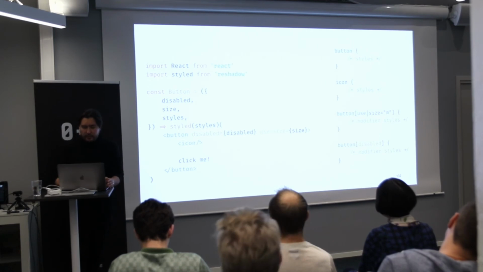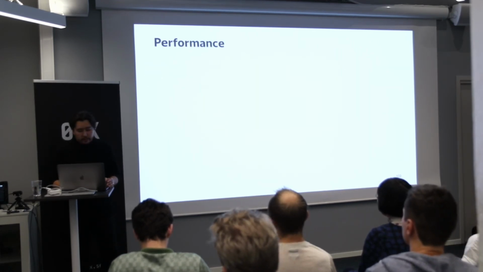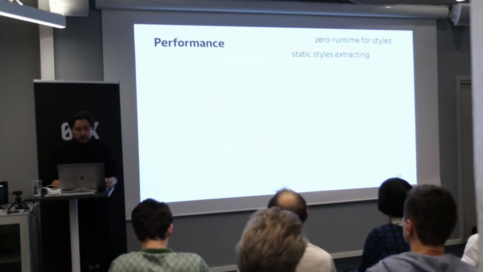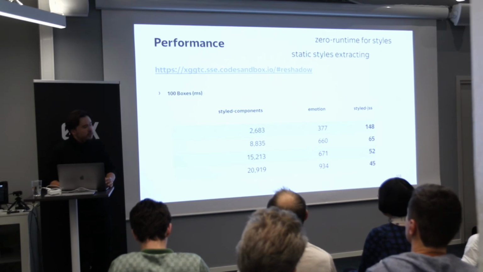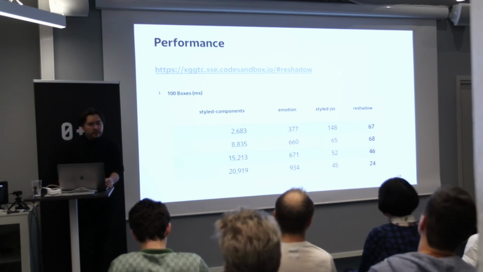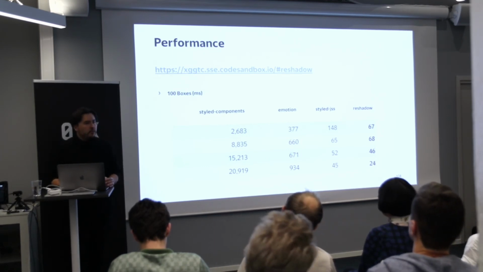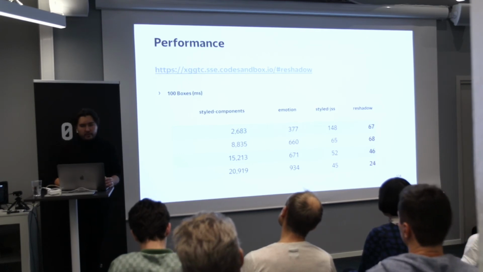For example, A/B tests. And performance is one of the most important things here because there are a lot of benchmarks, and it's important to understand what we can do with these opportunities. If you compare that with Reshadow, Reshadow is really much faster than any other solution just because it also works with extracted styles, and it's really effective at mapping the styles to the component state.